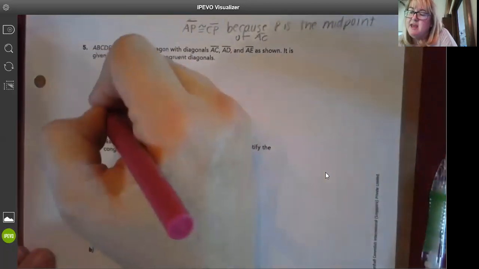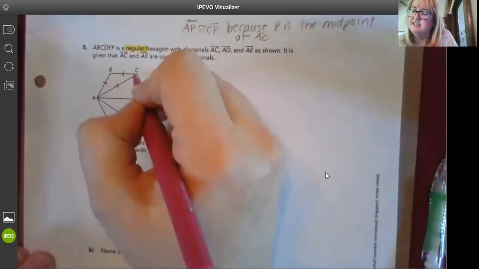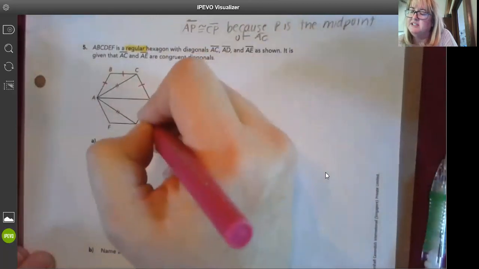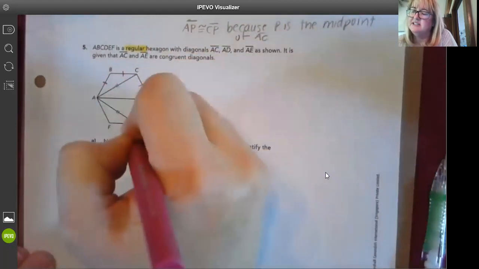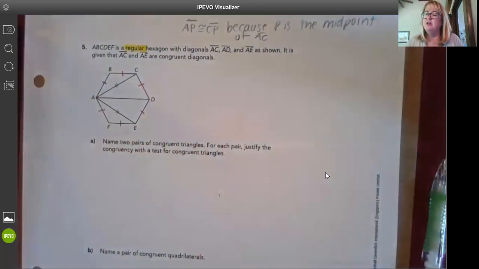So AB is the same length as BC, CD, DE, EF, and FA. So all the sides are the same length, okay?